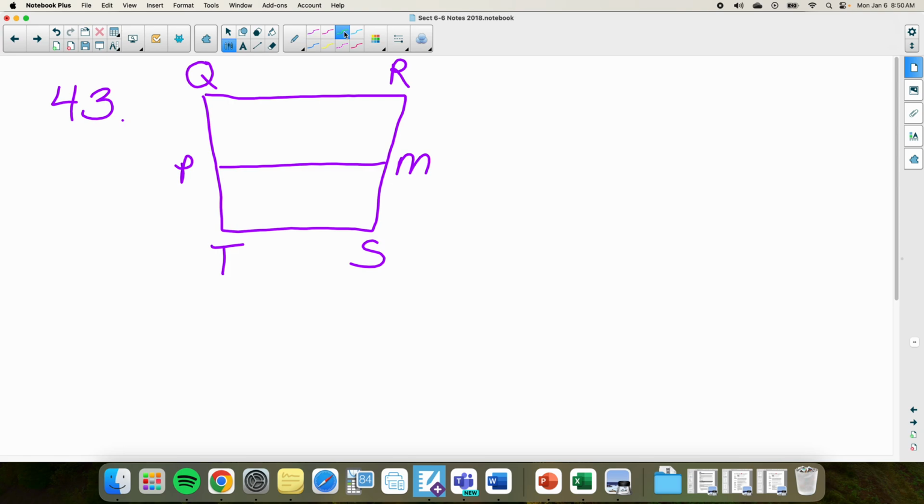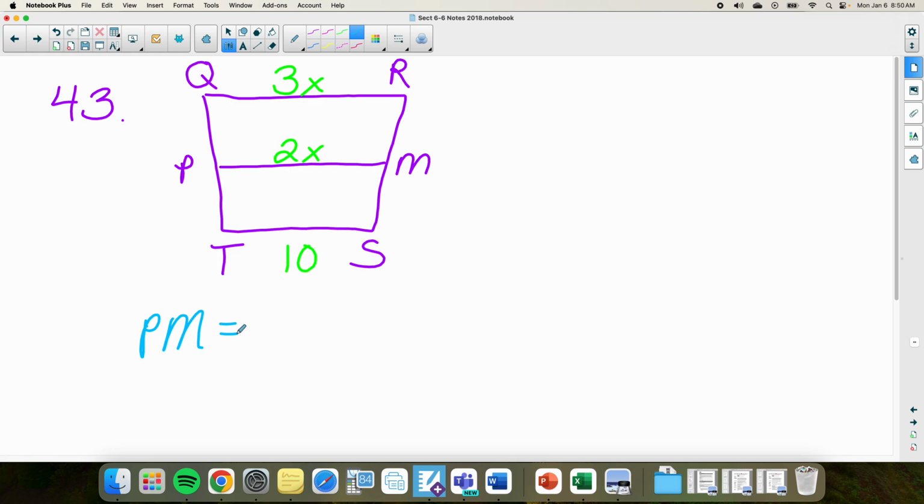Then if you read number 43, it says PM is 2x. So that's this right here is 2x. And QR is 3x. So this is 3x. And then it says TS is 10. And what they want us to do is find PM.